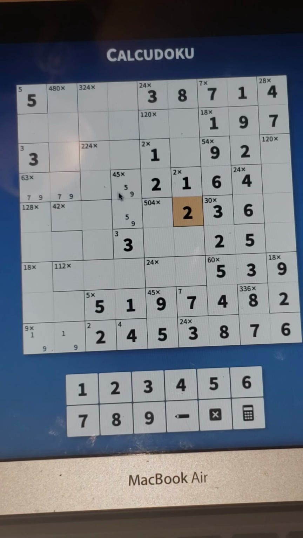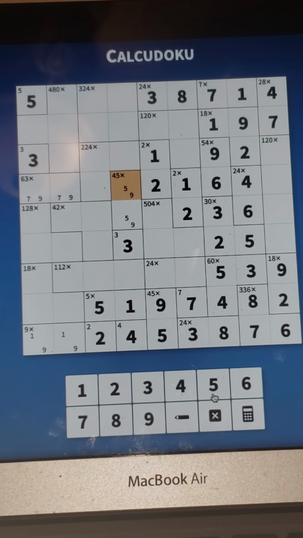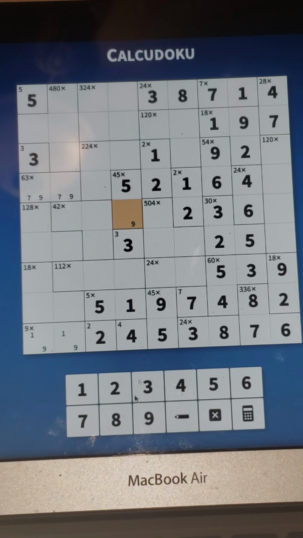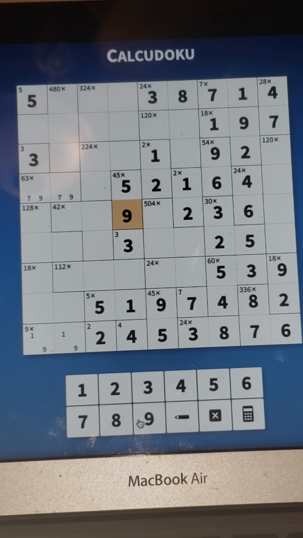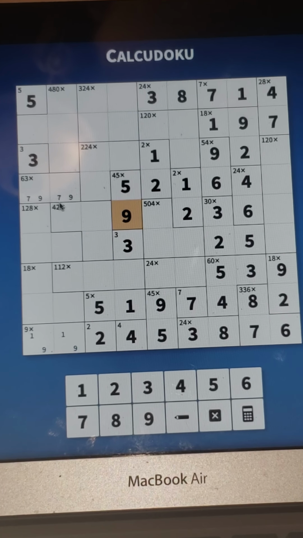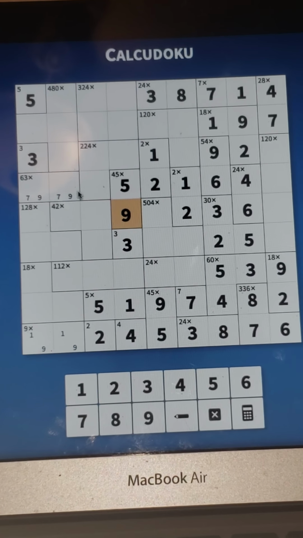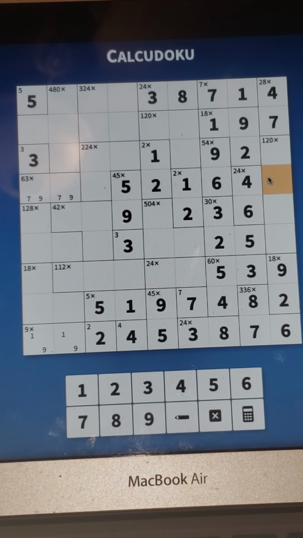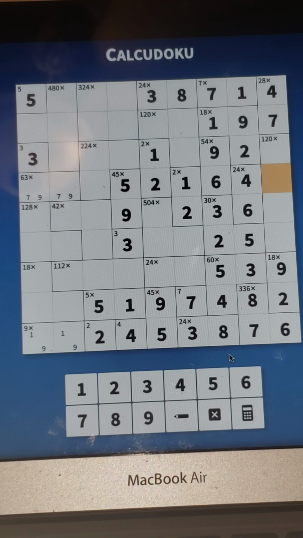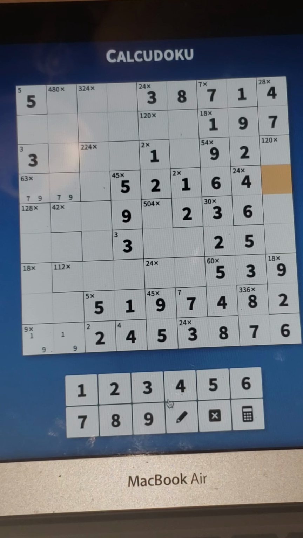And with these 7 and 9s, it eliminates this 9 note. So we've got 5, 9. And now we can focus on these 7, 9 notes again, and it forms a pair between these two boxes, which will be 3 and 8.